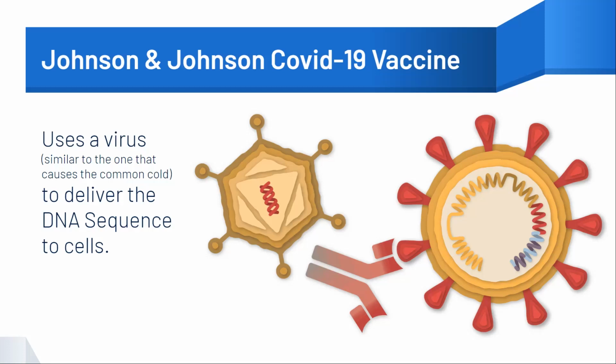They took the common cold virus and they put the gene for making the spike protein into that virus, and then that's what was injected into people so that we could then learn how to make that spike protein. So it had the gene for the spike protein. The cells were then making the spike protein, which is then launching our immune system to learn how to fight off the infection.